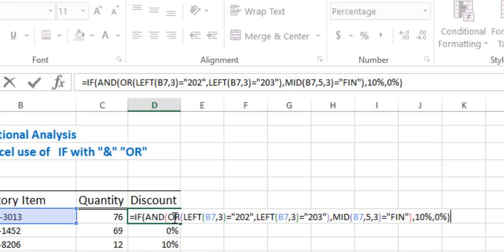So this OR is analyzing whether the first three characters from the left side are 202 or the first three characters from the left side are 203, and see if the MID is FIN, then give the discount. So we can use the IF and OR with the help of this formula. We can understand the OR and IF. This way we can use it. Depending on your situation, you can convert and transform this formula anywhere.